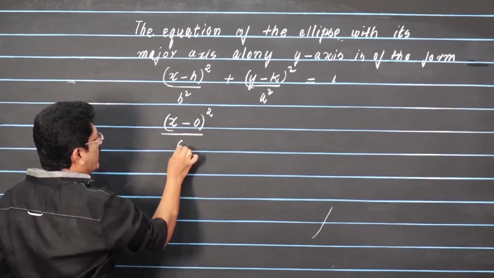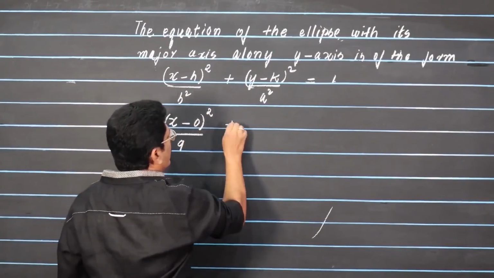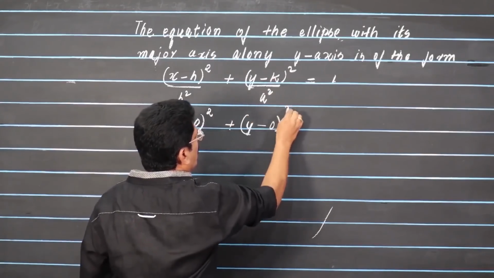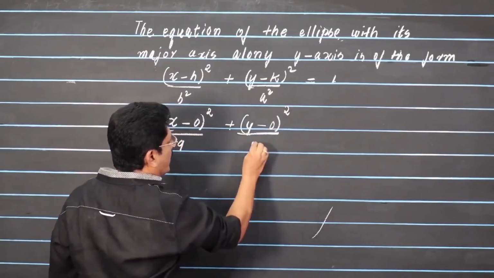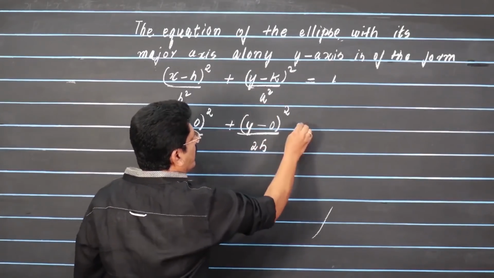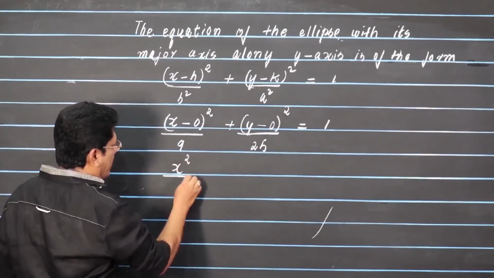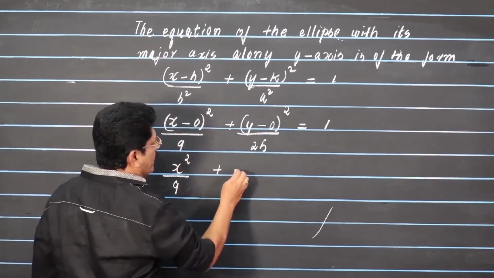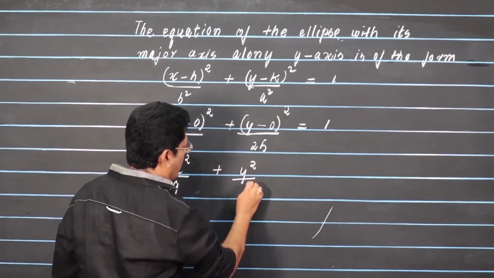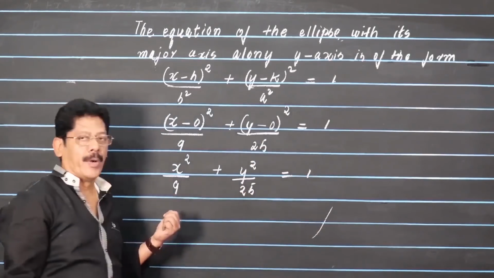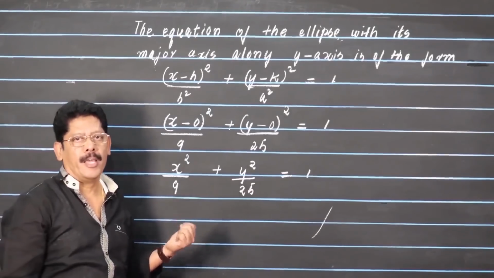The value of b squared is 9 plus y minus the value of k is equal to 0 the whole square. The value of a squared is 25 equal to 1. X squared by 9 plus y squared by 25 is equal to 1. This is the required equation of the ellipse.